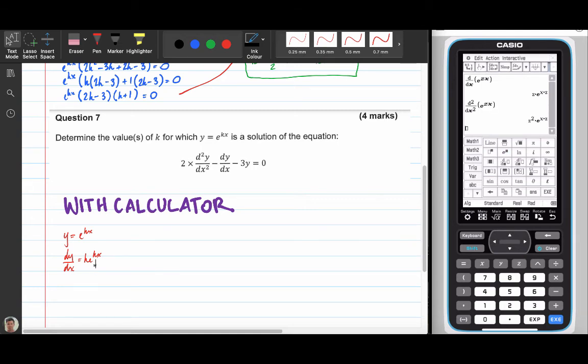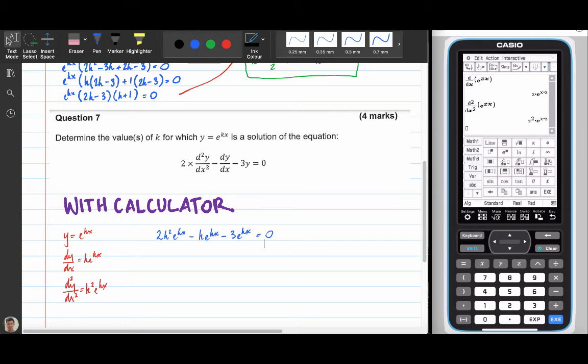And you can see here, d squared y over dx squared is going to be equal to k squared e to the kx. So we're going to substitute them into the equation.